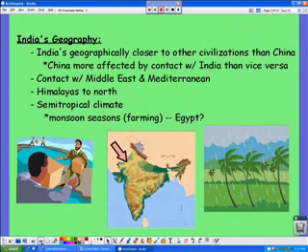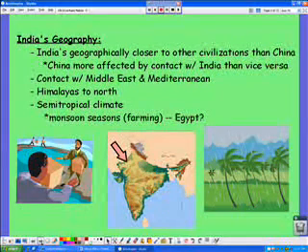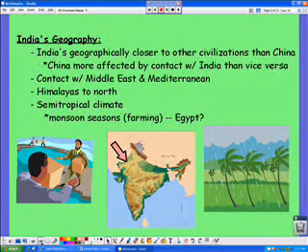And so where this arrow is right here, anybody know what this passage is called? I don't either. I don't know that it has a name. But the important thing is that this is a small, narrow channel that allows you easy access into India.